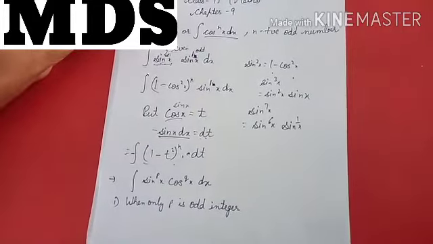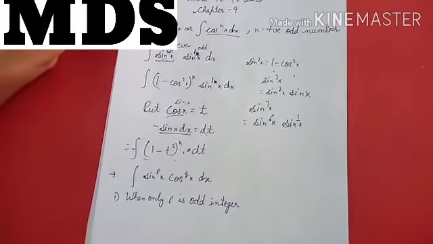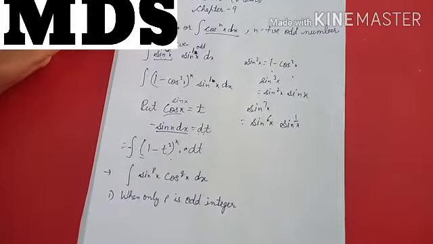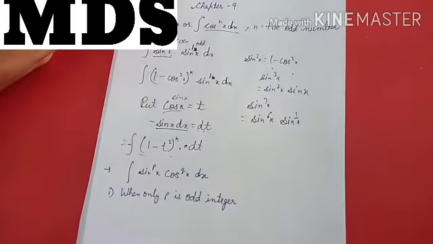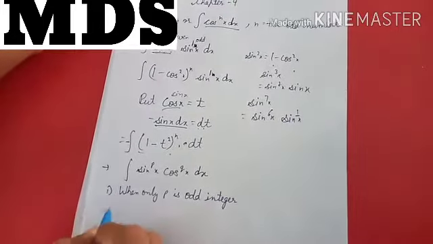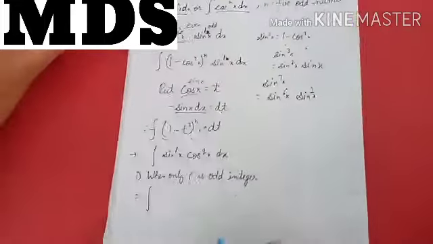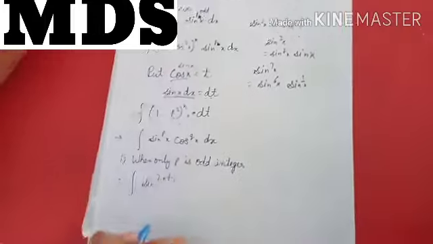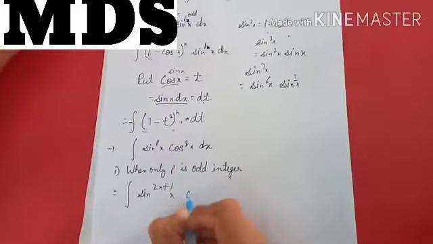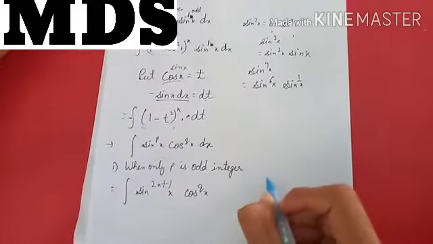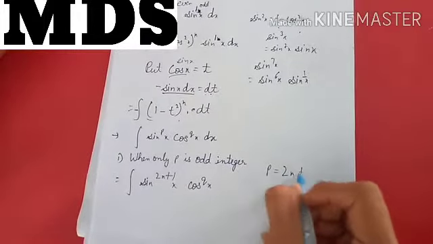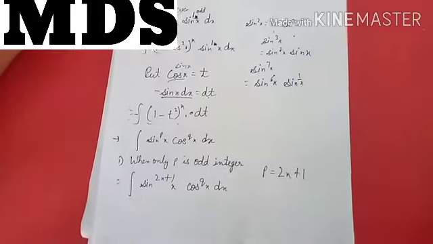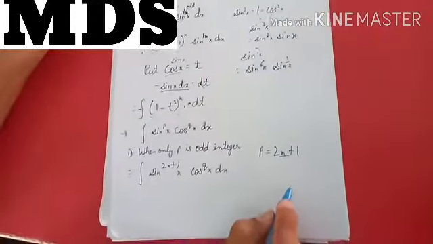Okay, when this power p is only the odd integer, then what are we going to do? So if it is an odd integer, we can write it as sin^(2n+1) x into cos^q x, where p is equal to 2n plus 1. Okay, here n is an integer.